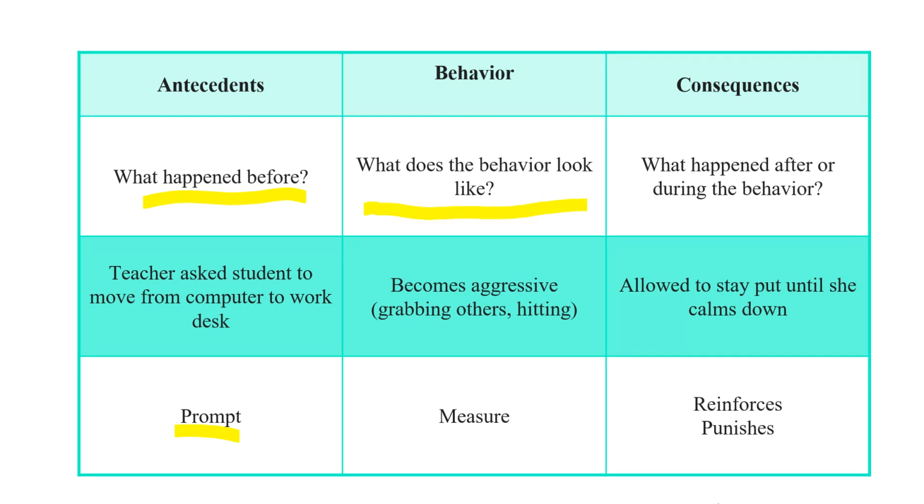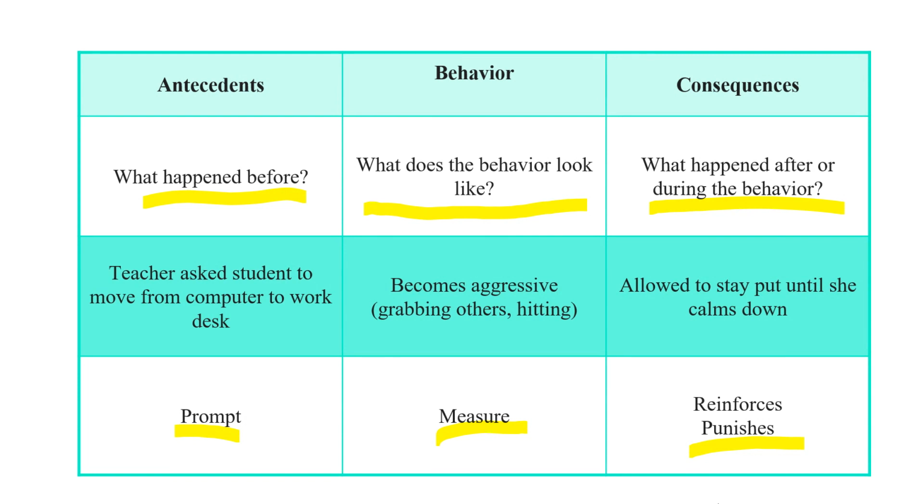So that's the form part of our behavior, and that's going to give our measurement of behavior. So the client becomes aggressive, grabbing, hitting others. Lastly, the consequence. What happens after the behavior? Okay, and that's going to tell us whether or not the environment is reinforcing or punishing that behavior. So the student was allowed to stay put until she calmed down.